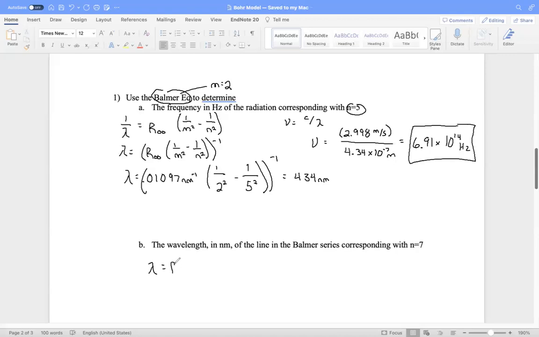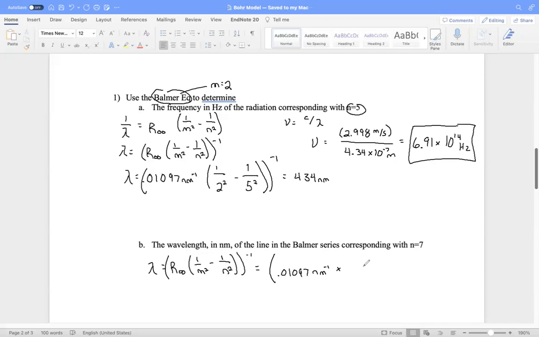So wavelength is the Rydberg constant times 1 over m squared minus 1 over n squared, and this is all raised to the negative 1. And so for this question, this is going to equal 0.01097 nanometers inverted.